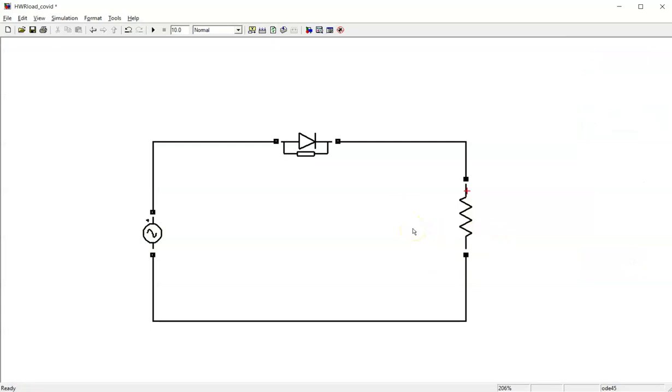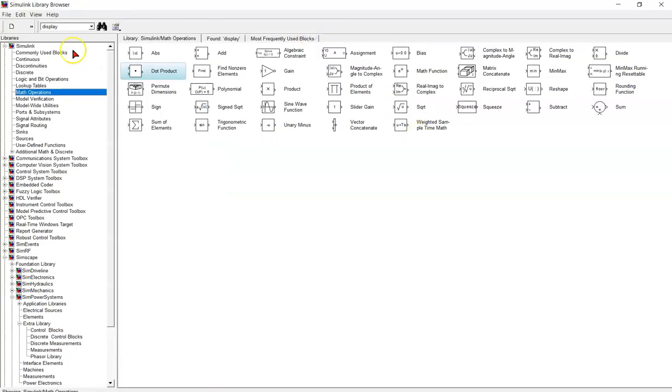So what we need to do now is obtain the proper measurement tools that we can get from the Simulink library browser. The familiar measurement component that we need to use is called a scope.